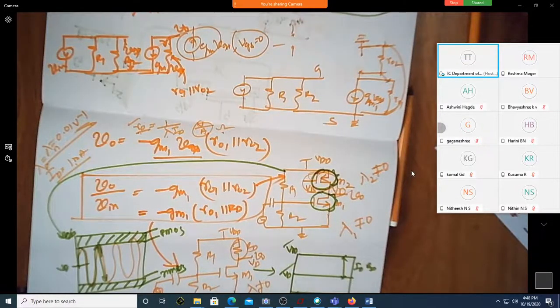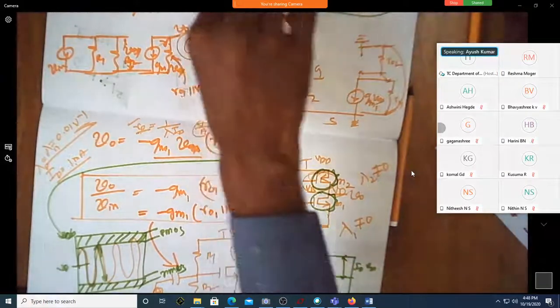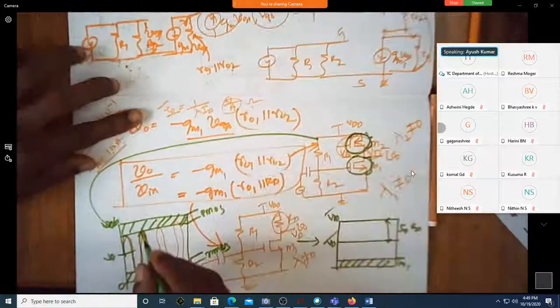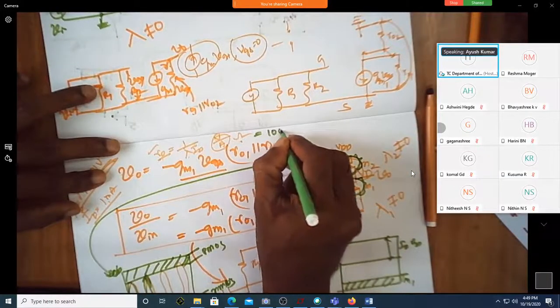I don't have the calculator. Let me get the calculator. 100 kilo ohm. See now, R0 is 100 kilo ohm. Fine.